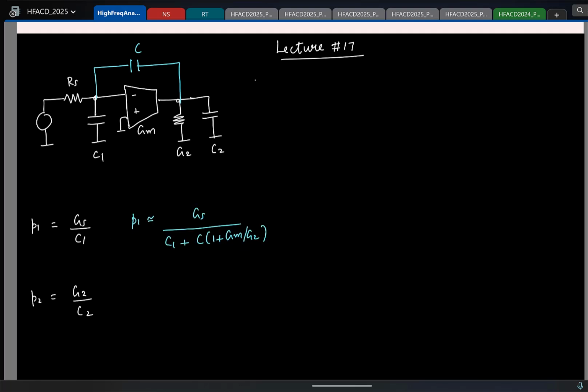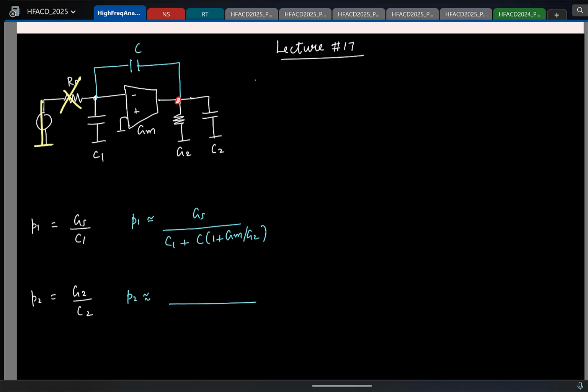Similarly, we also can write the high frequency pole intuitively. For the high frequency pole, we essentially look at the total conductance and capacitance at the output node. Again, for pole calculations, the input is shorted. And at high frequencies, we argued that the capacitor will offer a much lower impedance compared to the resistor, so we don't have to consider this one for high frequencies.